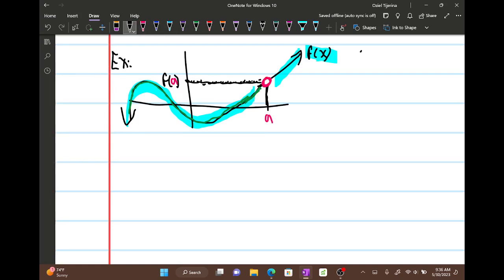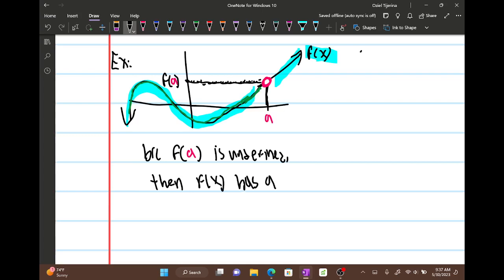So this tells me that because f of a is undefined, then f of x has a discontinuity at x equals a. So that's just a very basic example, guys. That's one type of example.